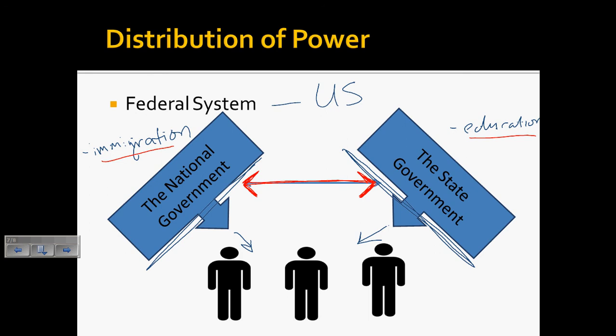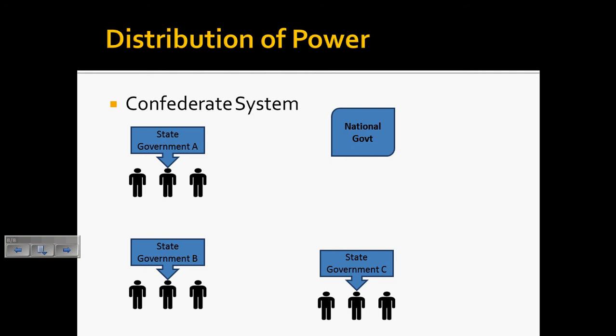The last one that we'll look at here is what's called the Confederate system. Now, in terms of history, think of the Articles of Confederation. This was our first government, and essentially the states had all of the power, and the national government had very little.